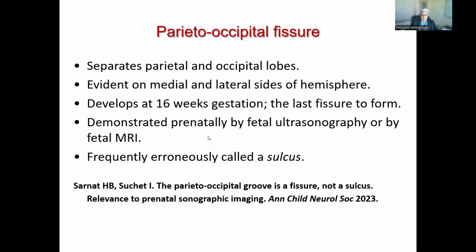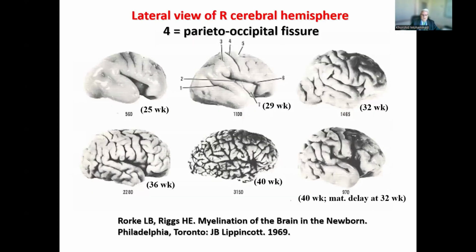It can be demonstrated prenatally by fetal ultrasound or by fetal MRI. And sometimes in the literature, it's been called a sulcus, parieto-occipital sulcus, but it isn't really a sulcus, it's really a fissure. And we even wrote a paper about that a couple of years ago to give the reasons why it's important that it is a fissure.